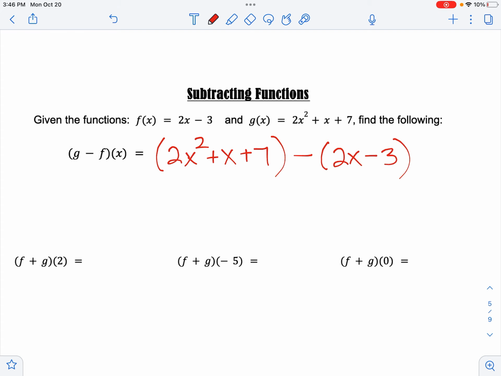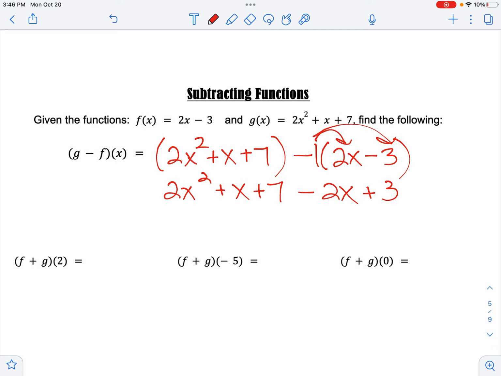Okay, now before you do this, there's just something to remember. So this right here, you got a negative in front of it. You've got to distribute, it's really like a negative 1. You've got to distribute the negative to both of those before you can combine like terms. So that's what I'm going to do. I'm just going to copy this first part, 2x squared plus x plus 7, and then minus 2x, and then plus 3.